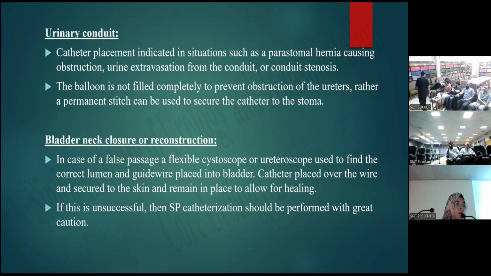Again, the same thing, through an old SP track and under ultrasound guidance preferred in order to avoid gut injury. And in cases of urethral neck closure, it's contraindicated, because if you forcefully pass the catheter, you can create a fistula, and you can make the patient incontinent.